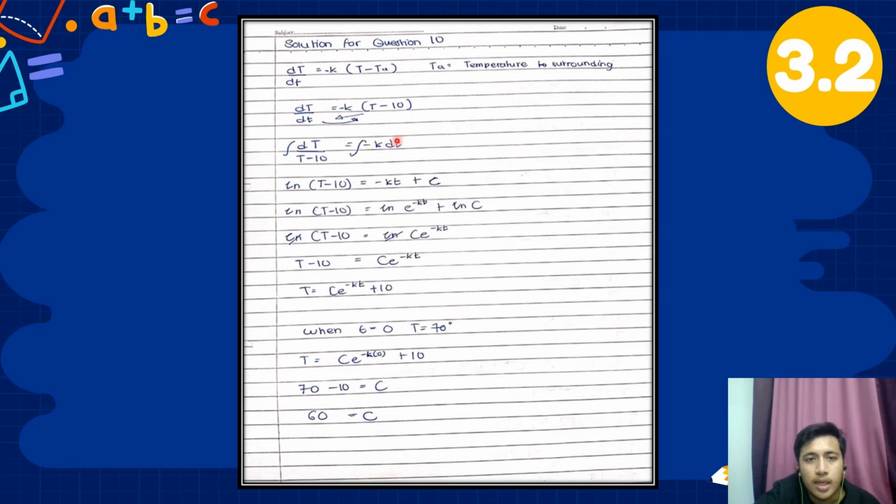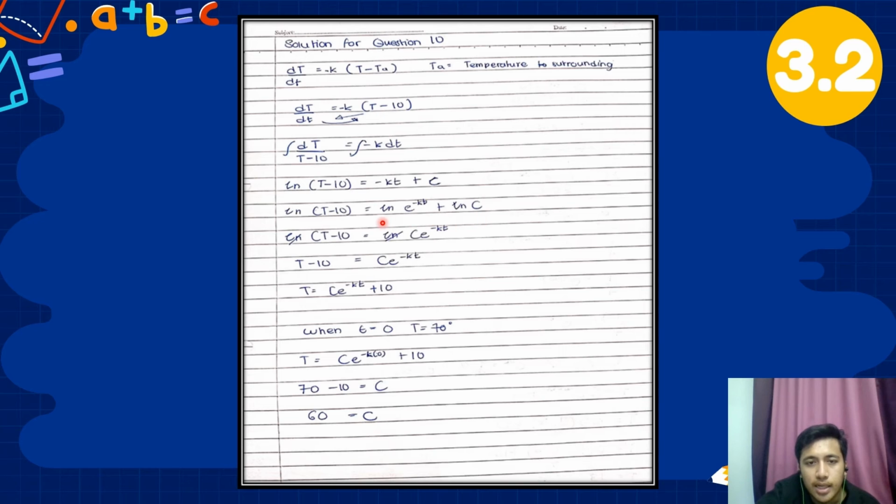After that, we arrange the position so the temperature is on the left and the time is on the right. Then we integrate both sides, so it will be like this. To make it easier to solve, since there is an ln on the left side, we put the ln also on the right side.